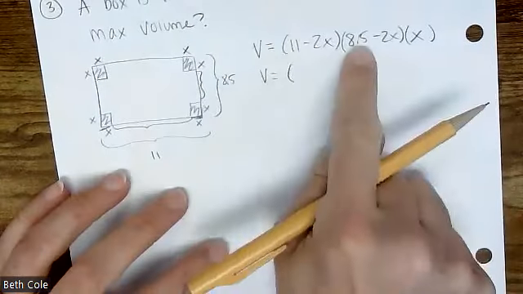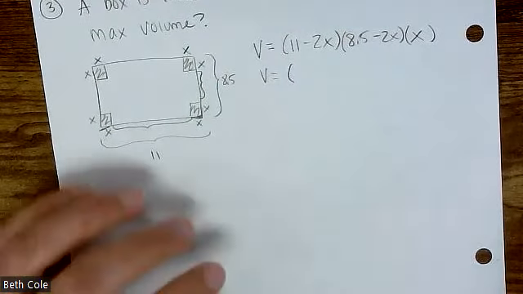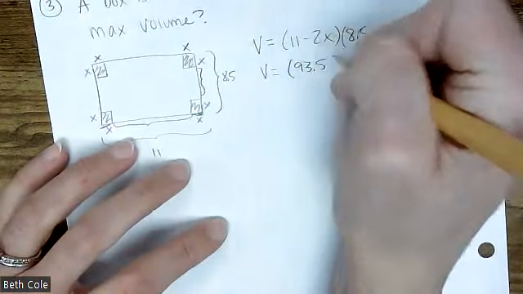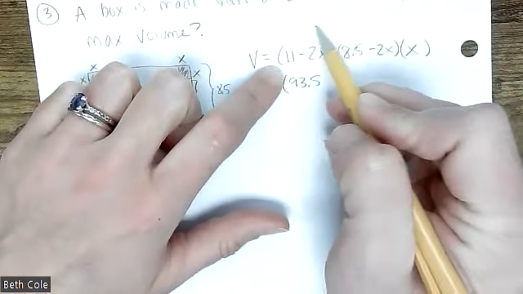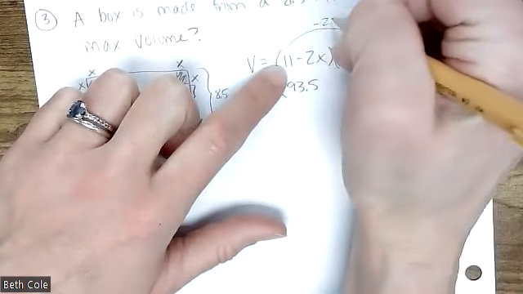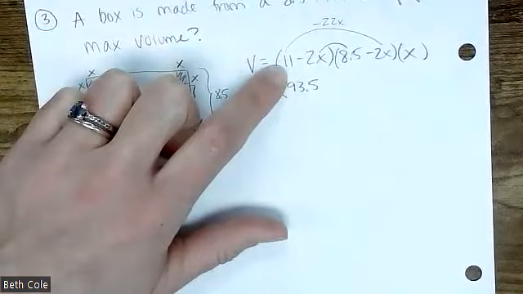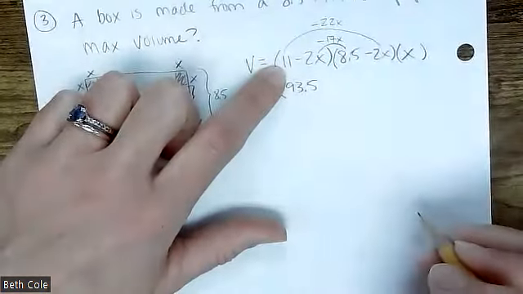All right. So 8.5 times 11. Let's see. Does anyone know that? 93.5. I just typed it in. The outsides would give you what? Yeah, minus 22x. The insides, how would that be? 17 minus 17x.